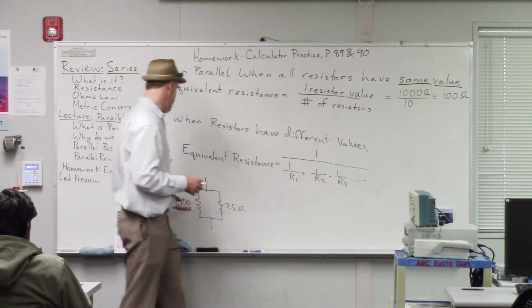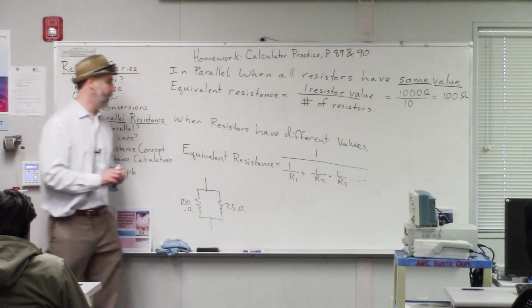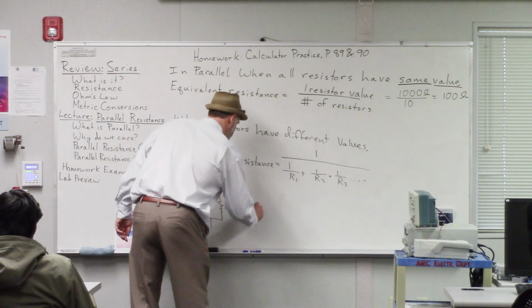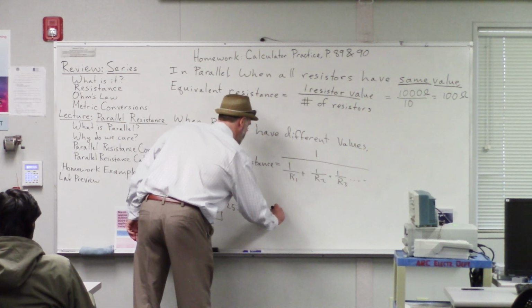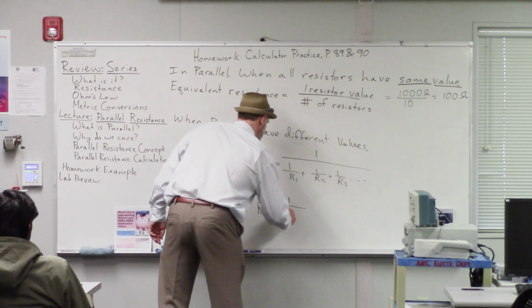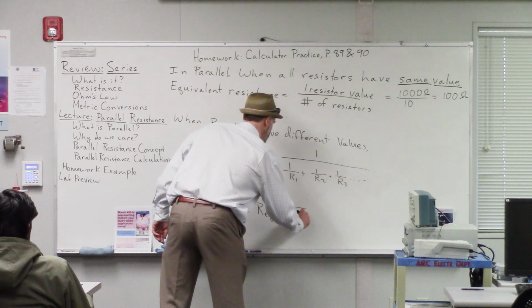We just divide, say 100 by 2? No, because they're different values. So what we do is we say REQ equals 1 over 1 over 100 plus 1 over 25.